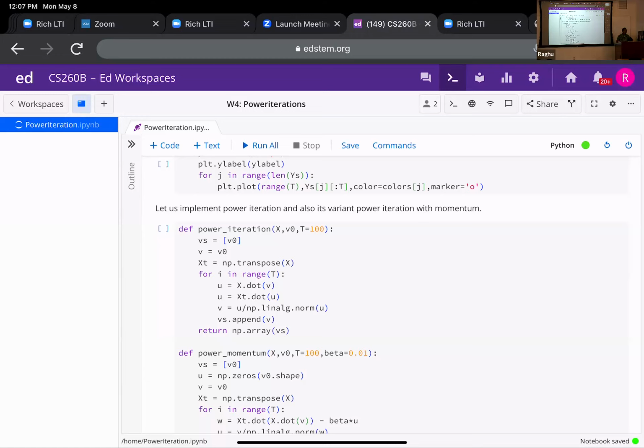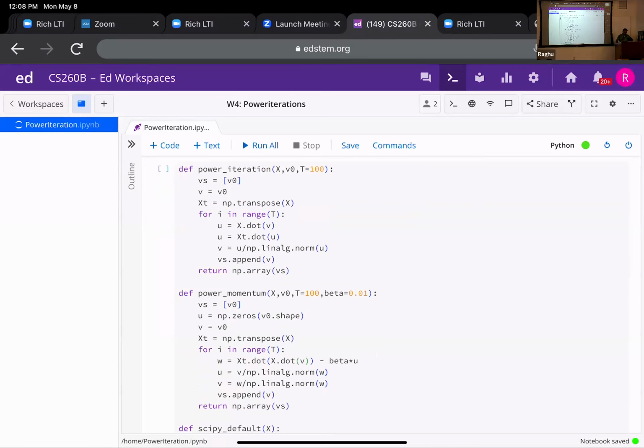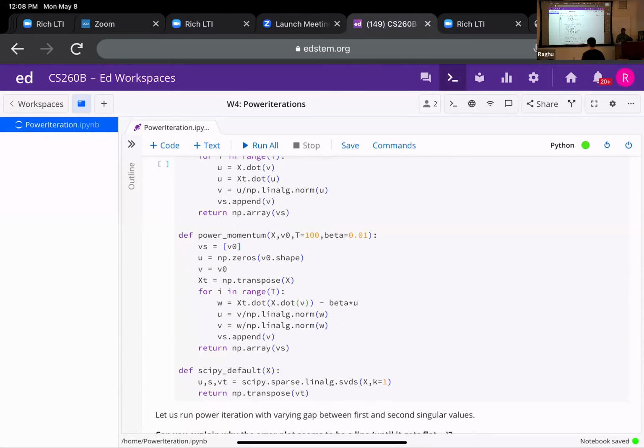And remember, I also said there is this variant of power iteration where you add a momentum term, which is inspired by Nesterov's accelerated gradient descent. In some view, you can view power iteration as gradient descent, but that's not something that we're digging into.